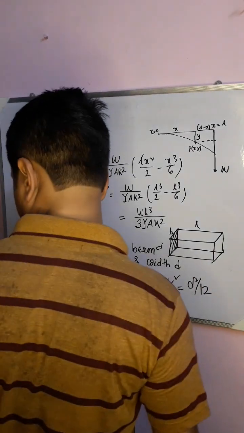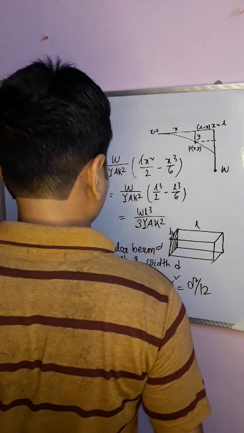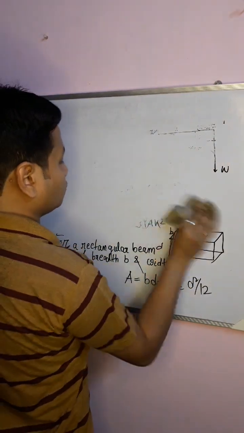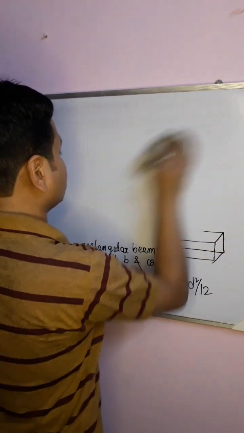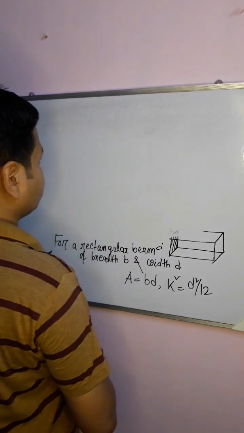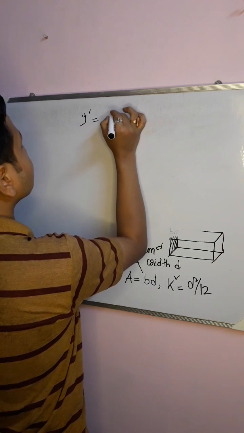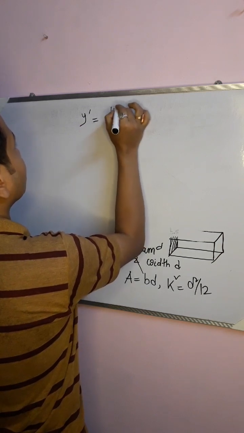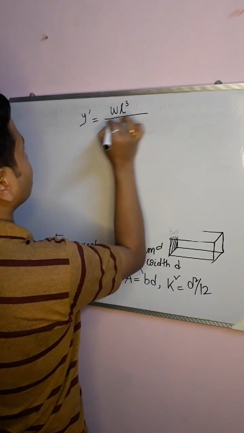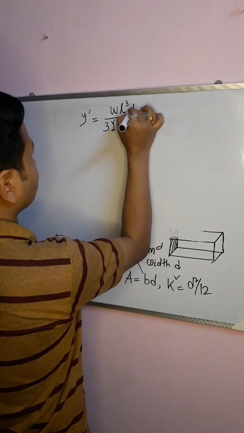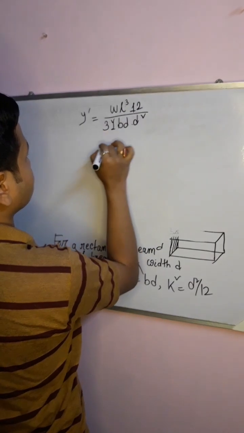That we know. Now if we substitute these values, then what would be the depression corresponding to a rectangular beam, that is y dash? This is simply W L cube by 3 Y, A is BD and k square is D square by 12, that means 12 by D square.